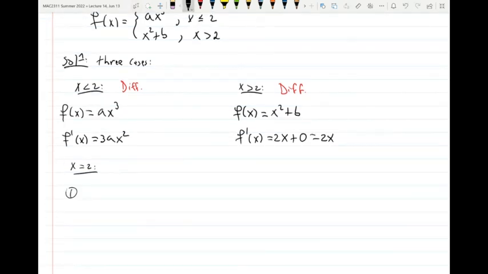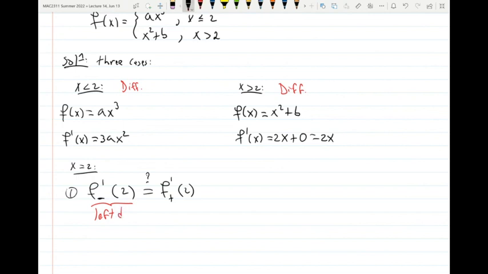The first thing that we will try is we want to make sure that, okay, so I'm going to invent a notation right now. I'm going to put a minus here. By this I mean the left derivative, just because I don't want to write the limit. So the left derivative at 2, we want to make sure that is equal to the right derivative at 2.